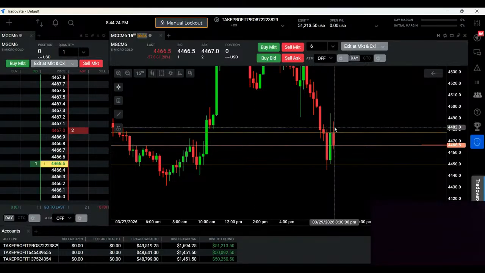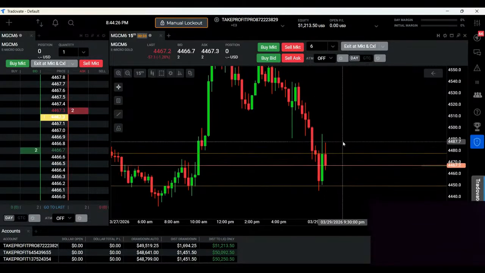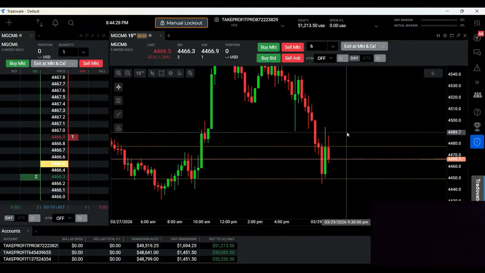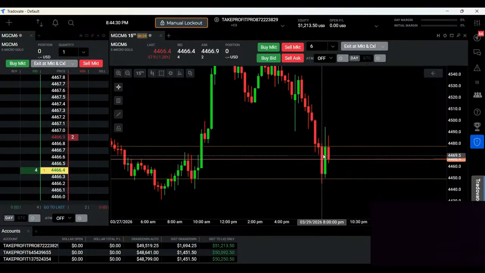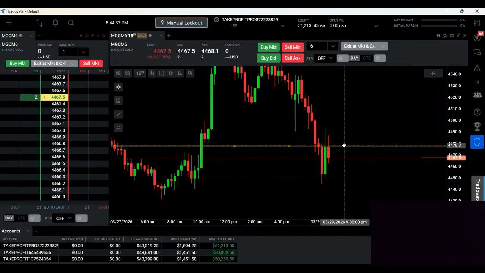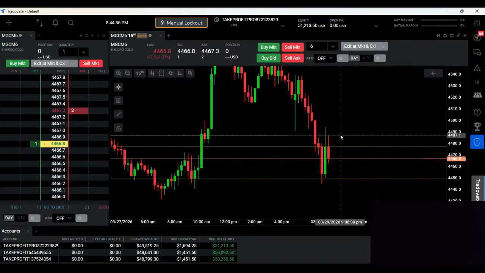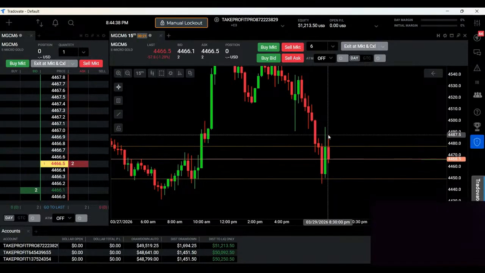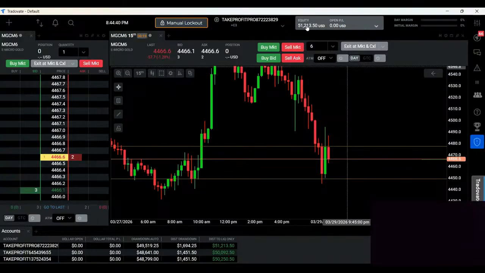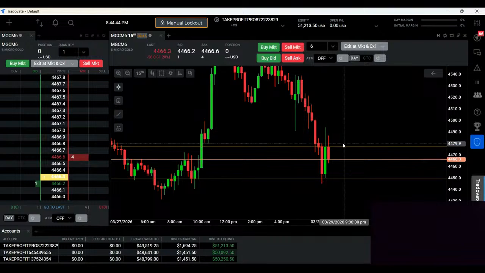And I'll also be taking this on my live. I take most of my risky trades on the prop firm, not on my live, because how I look at it, if I lose a trade here on the prop firm, it's no biggie because I haven't yet gotten a payout from them. So it's no biggie.